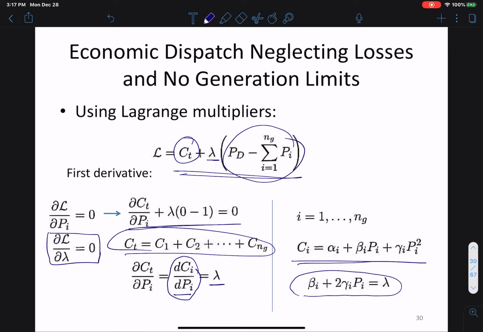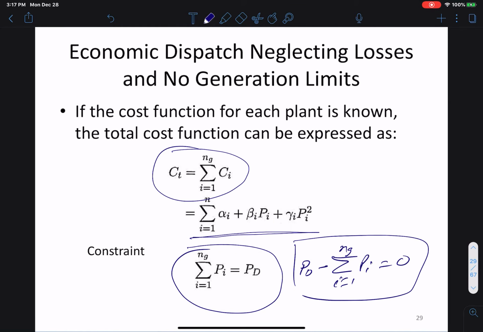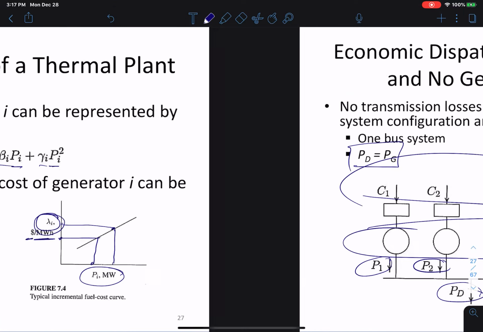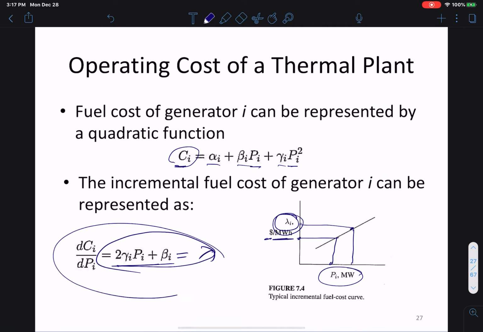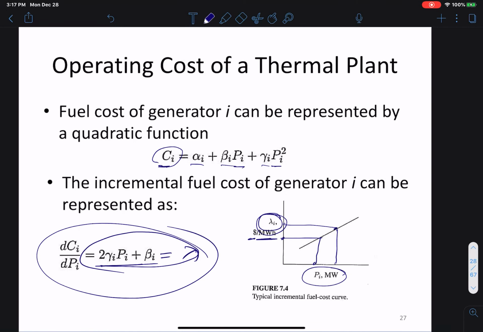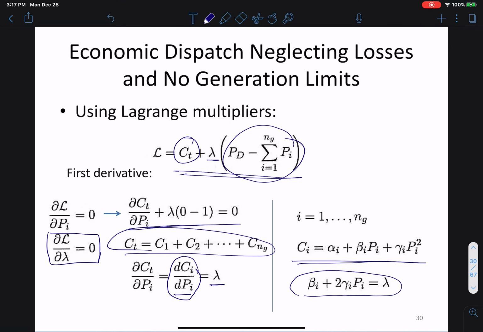You have seen this equation in the last slide. That same equation. From this one, you can also find Pi to be (beta i minus lambda) over 2 gamma i. You can find that from that equation.